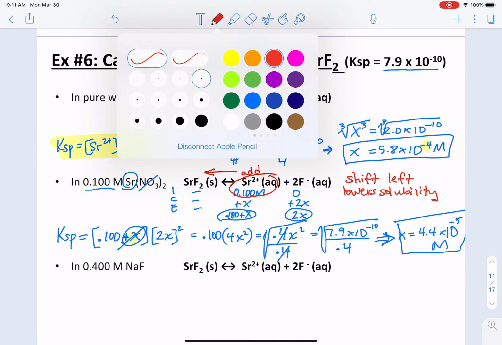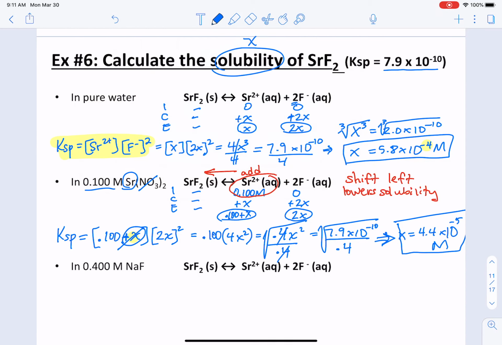The next example that we're going to look at is where we have a common ion. In this case, it's not sodium ions, those are neutral, but we have additional fluoride ion present. So setting up our ice table once again, we don't have any strontium ions, but we do have 0.4 molar of fluoride. Oops, I have to fix that.